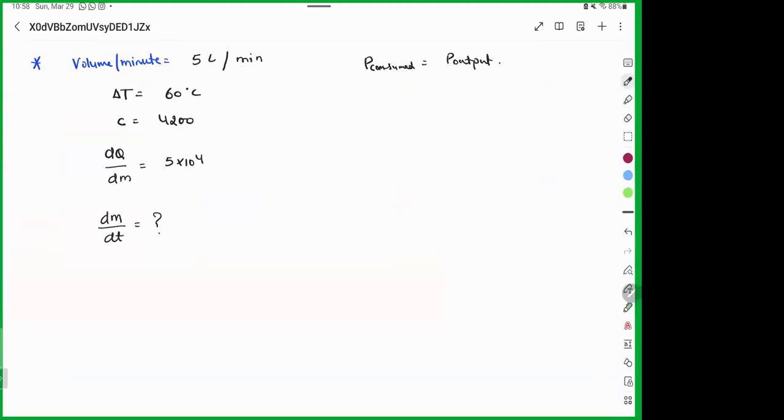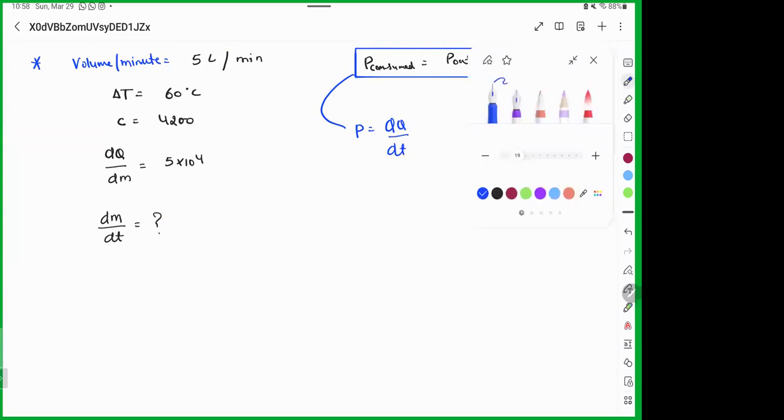Come to this. Power consumed is equal to power output. Okay, how much power consumed? We know power is equal to energy upon time. Correct?